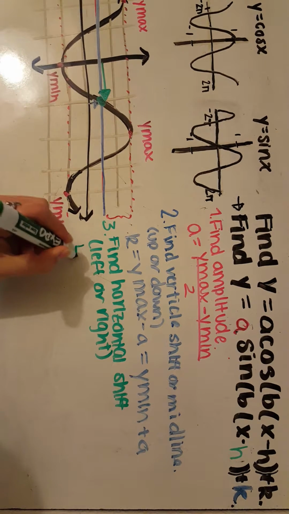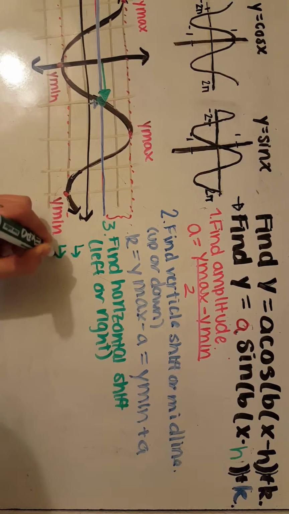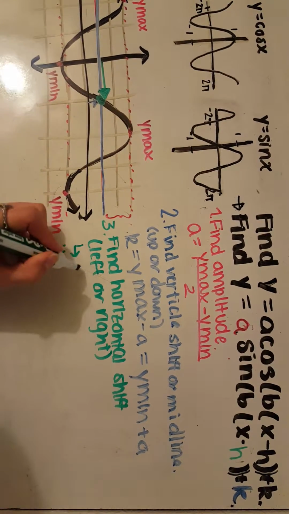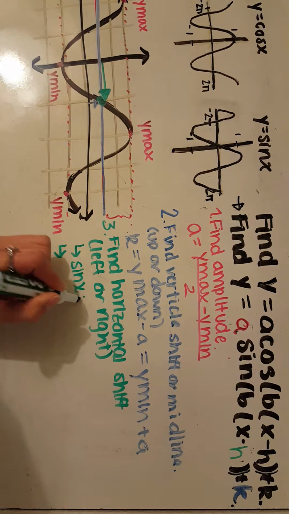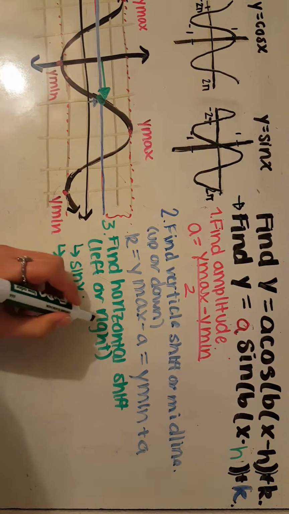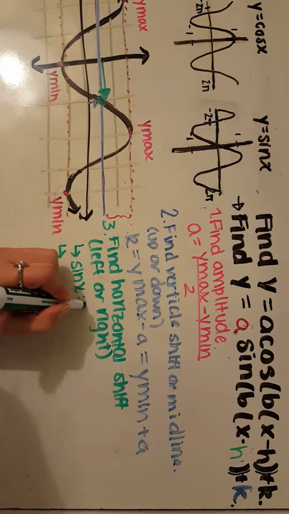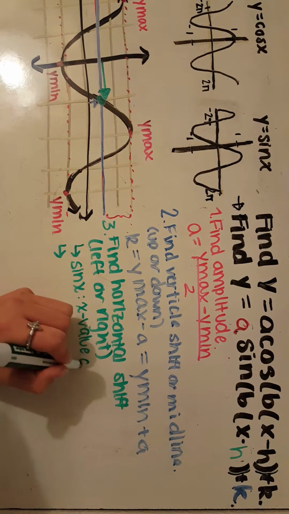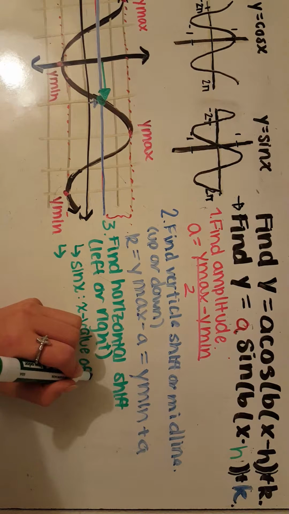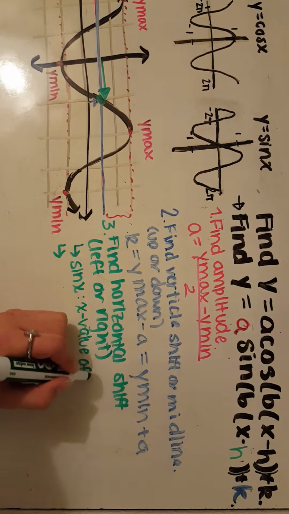So now let's differentiate between sine x and cosine x for this problem. So for sine x, we find that x value where the positive slope crosses the midline.